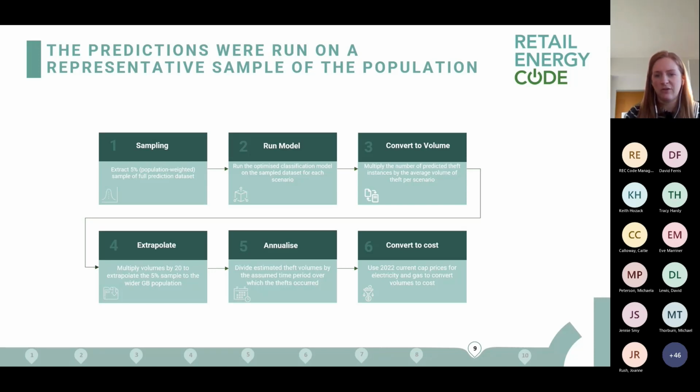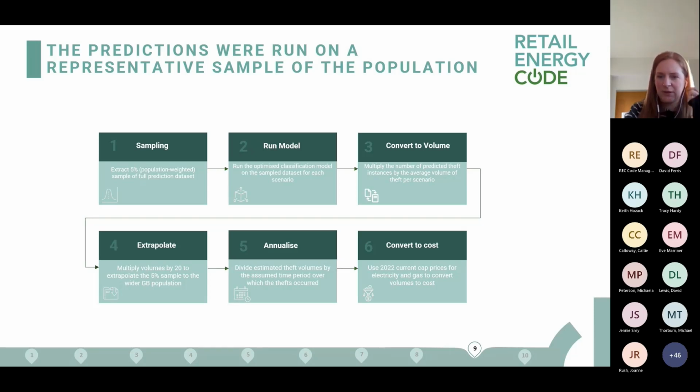So we did an annualization of 1 to 7 years, and then took, I think, a 3 to 5 year range within that to get our range. And then, as I mentioned before, we used the current cap prices to convert that into a retail cost as well.